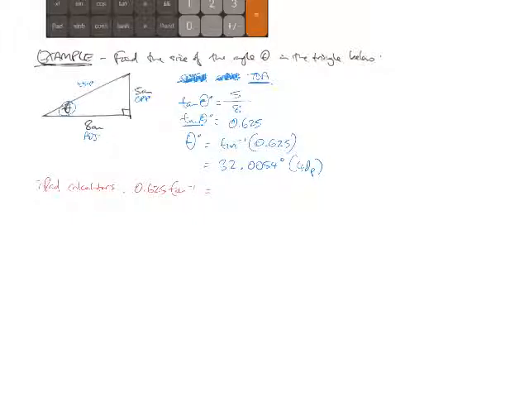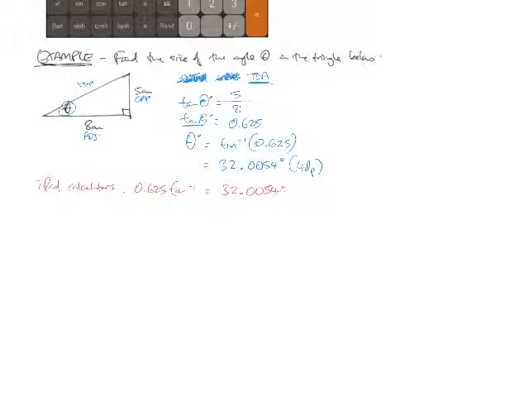It asks you to put in the number first, and it doesn't work the forward way. Yep, so on your calculators on the iPad, you need to do 0.625 first, and then tan -1 will give you the same answer, 32.0054 degrees. So that is an example of finding the unknown angle.